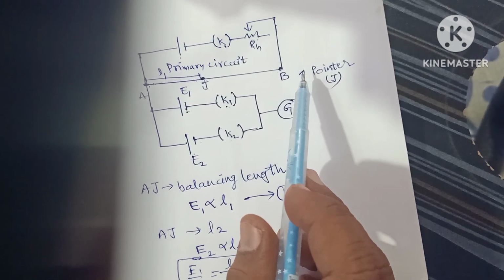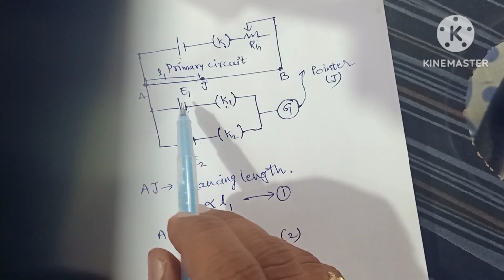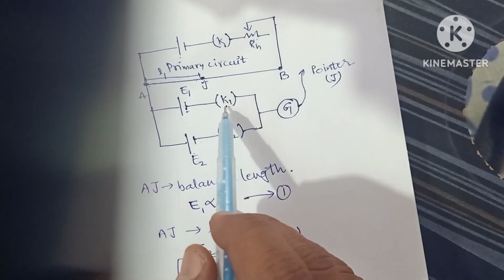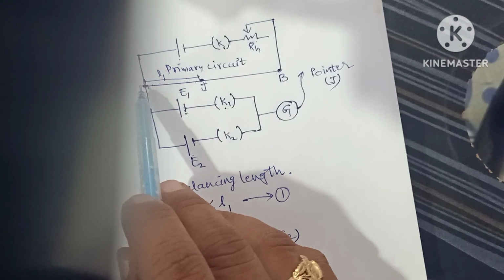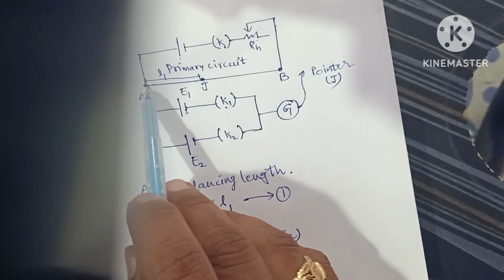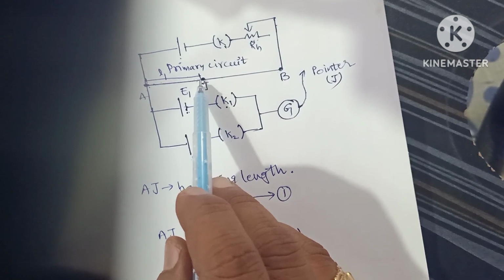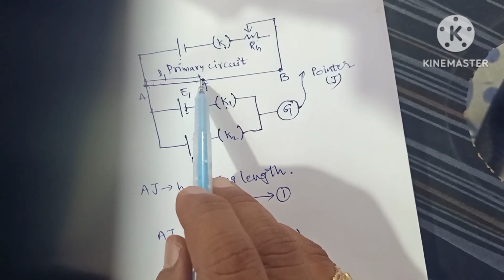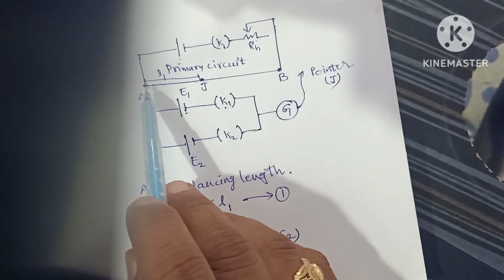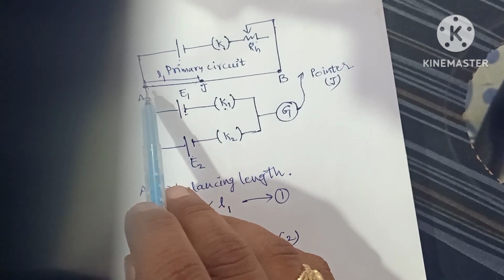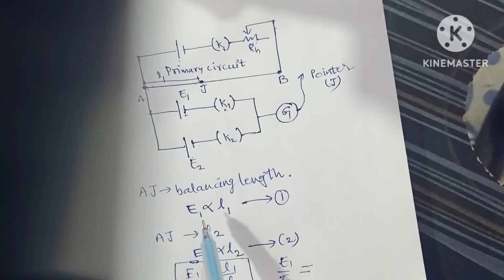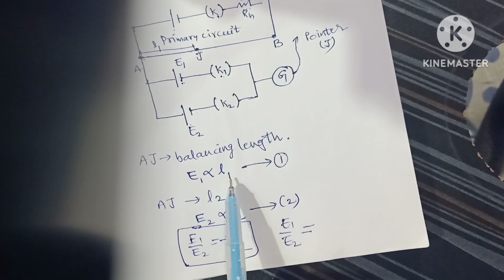In the procedure, we first included battery E1 in the circuit by closing key K1, and the pointer is moved from A towards B to a particular point J. The galvanometer shows zero deflection, which is considered as the length L1 between A and J. So we can write E1 proportional to L1.